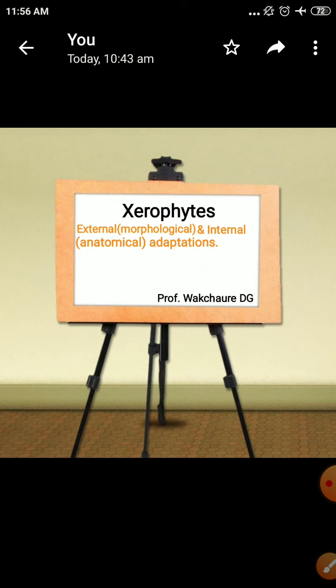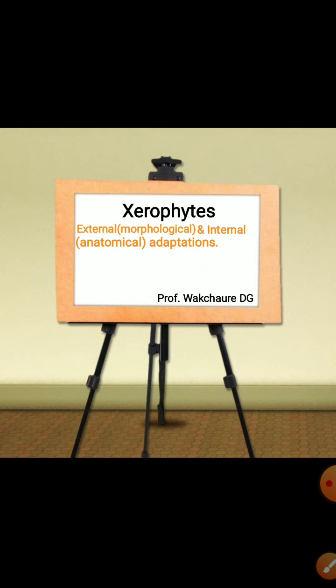Now this is a very peculiar group of plants which grows at places where the soil is dry, or the substratum is very dry. There are little traces of moisture in the soil.